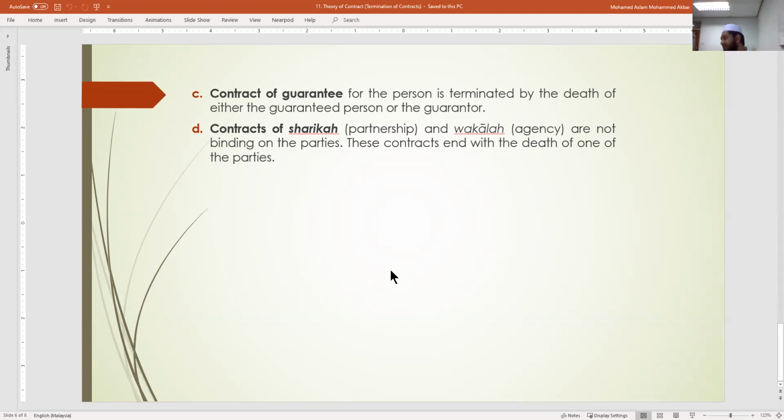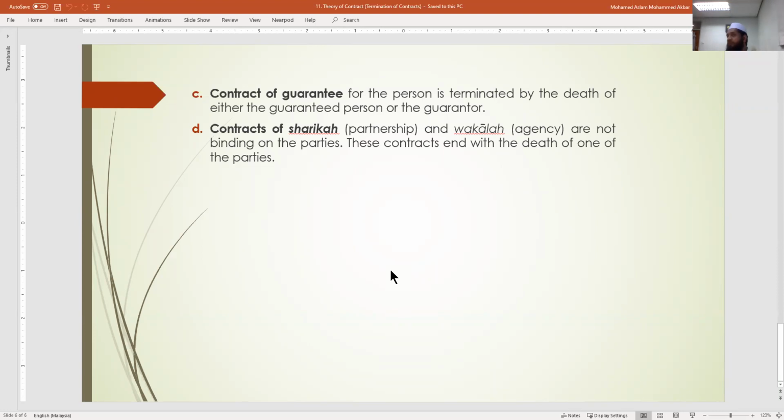If the person did not pay, then my father is supposed to pay. That's what guarantor means: an additional responsibility that my father wanted to take on. It is not on the people who come after him. So that's why the contract of guarantee for the person is terminated by the death of either the guaranteed person or the guarantor.